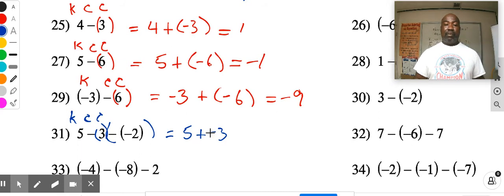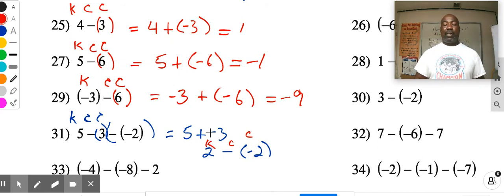And so what happens here, this right here is going to become what? Your 2. And then the sign right here is minus. And then you have negative 2 right here. And then you just apply, let me change the color right here, keep, change, change. Keep, change, change.